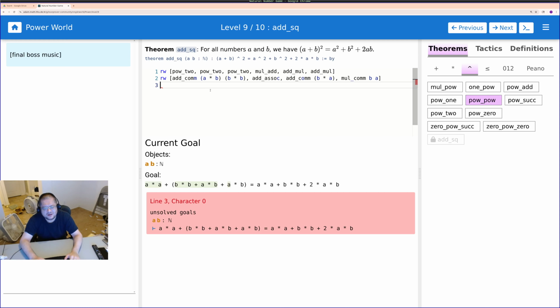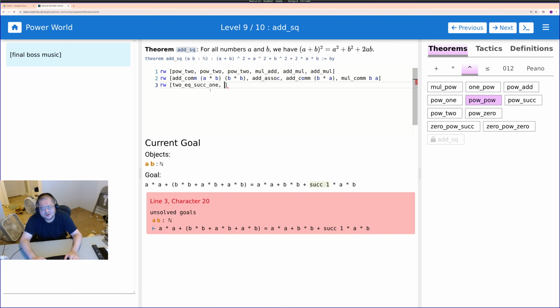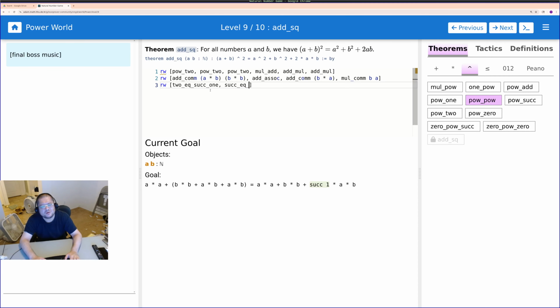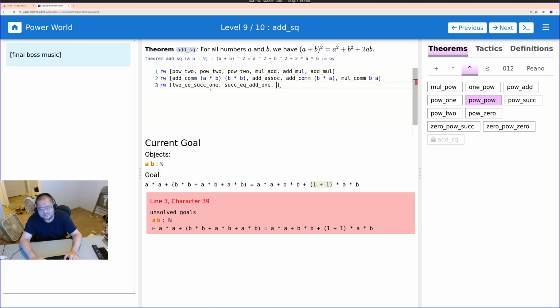Okay, let's get rid of the 2. So rewrite 2 equals successor of 1. Successor equals add 1. Add multiply. 1 multiply. Add multiply.